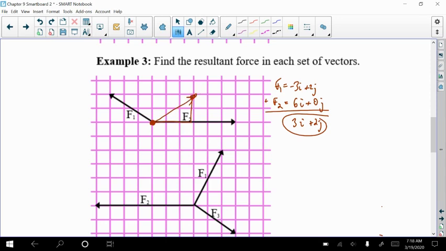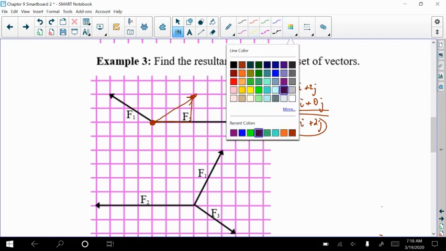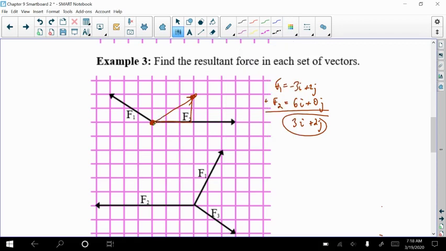And some of you who've seen vectors before also know that you could have got that by making a parallelogram. If I take this force here and move it over here, notice that's where you would have gone.